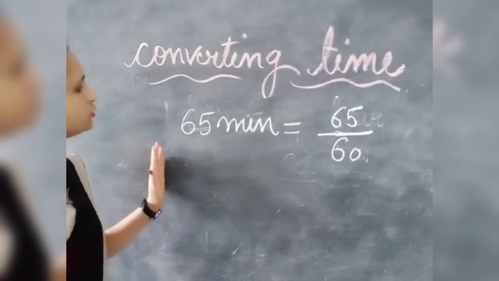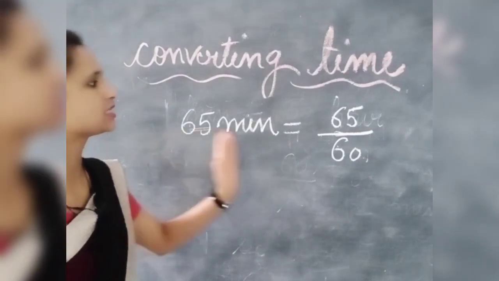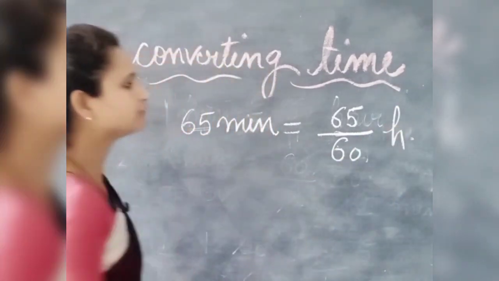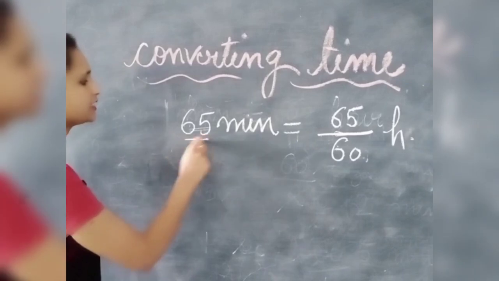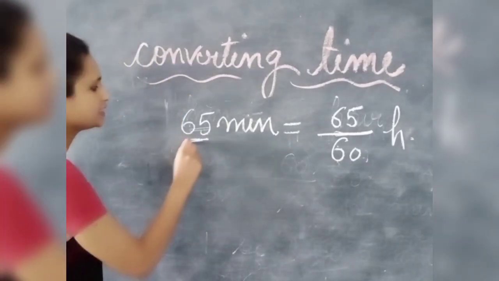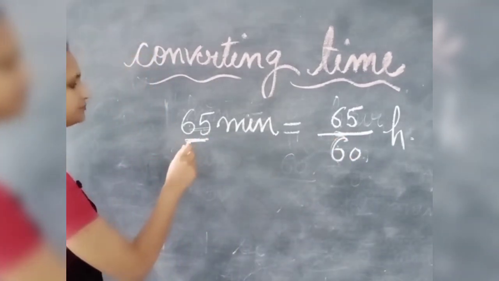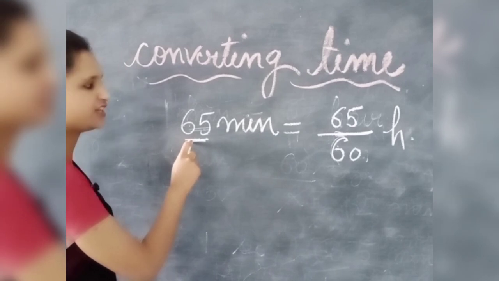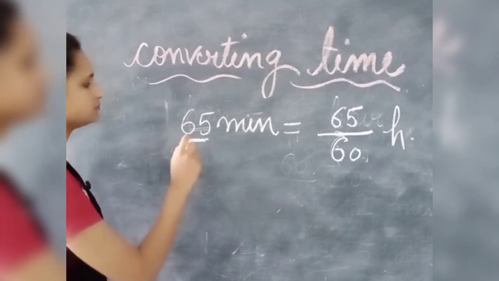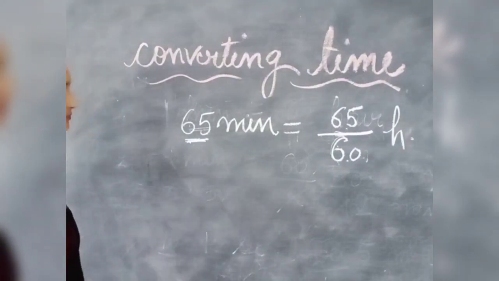Now when we have to convert minutes into hours, we have to divide the given number by 60. So here are 65 minutes, so we have to divide 65 by 60.